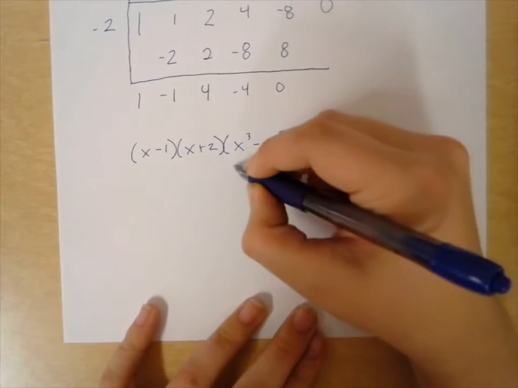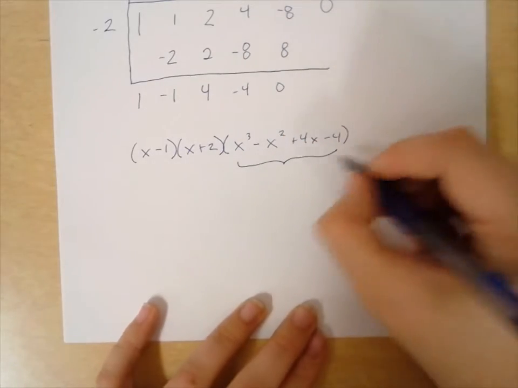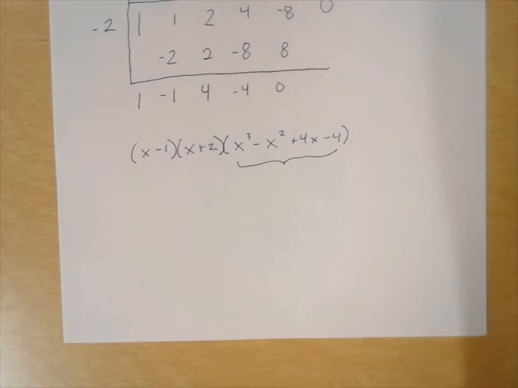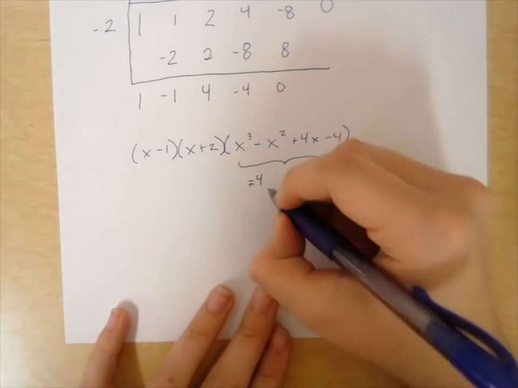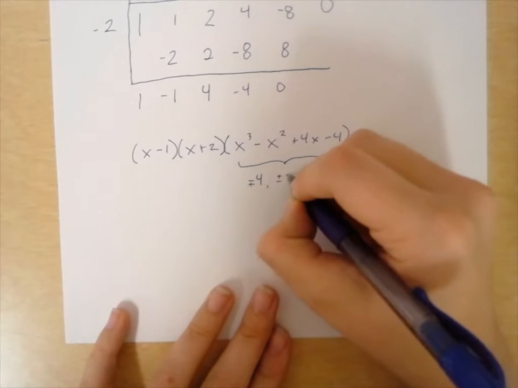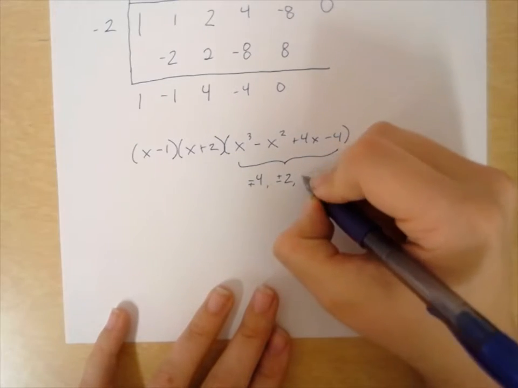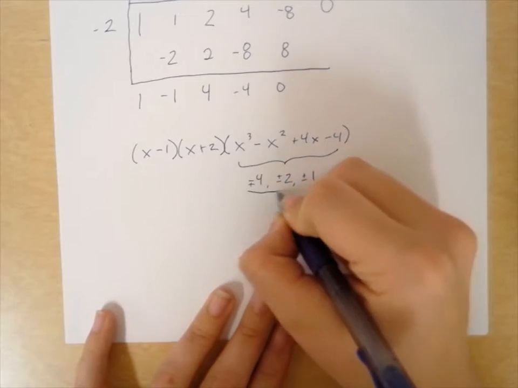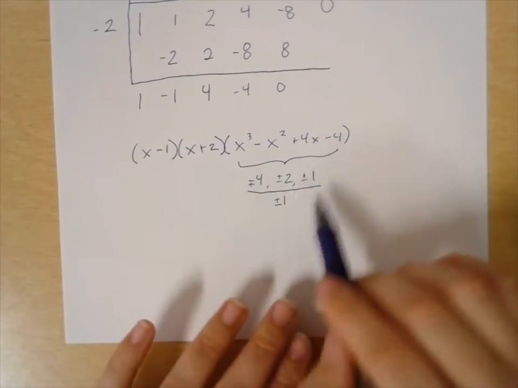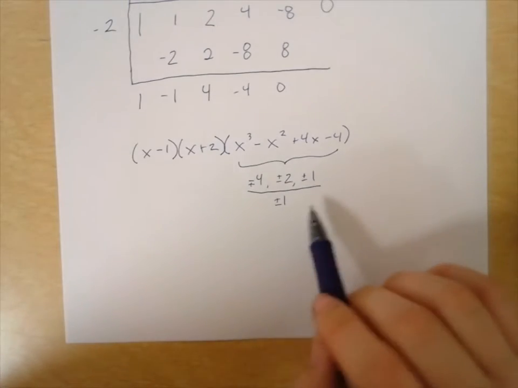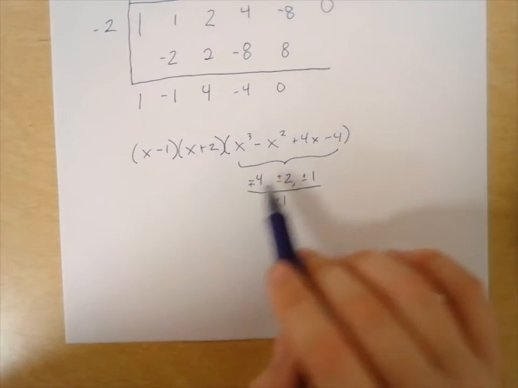So if I were to find the rational zeros of this, my possible answers would be plus or minus 4, plus or minus 2, and plus or minus 1, all over plus or minus 1. And again, I know that those are my possible zeros, but I am interested in seeing if x minus 1 is the repeated root here.